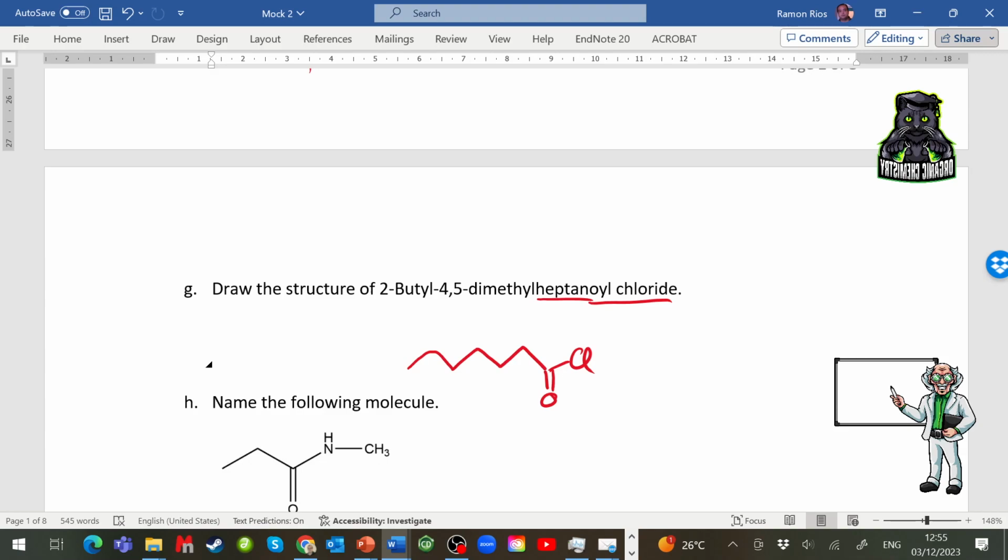And then I put the substituent, that is 4,5-dimethyl. 1, 2, 3, 4, 5, 5, 4, and then 2-butyl, that will be, okay.